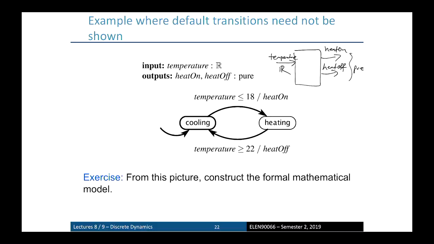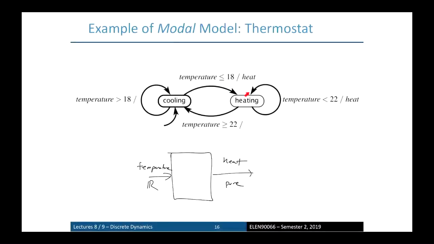It's like a set reset mechanism. Back in our earlier case, in the heating state we had to explicitly hold heat on. So when the temperature got low, heat was set and you stayed in the heating state while the temperature was still heating up, but you still kept the heat output on. So you needed this loop back.